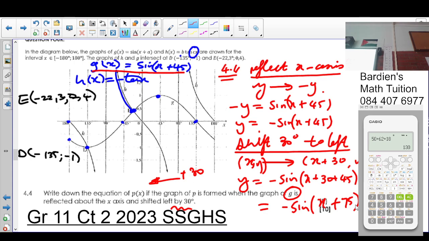No. Okay, the memo is wrong there again. So if that's your answer, you also let me know. Just circle the question, you should get a mark for it. Okay. Shifted by 30 degrees.